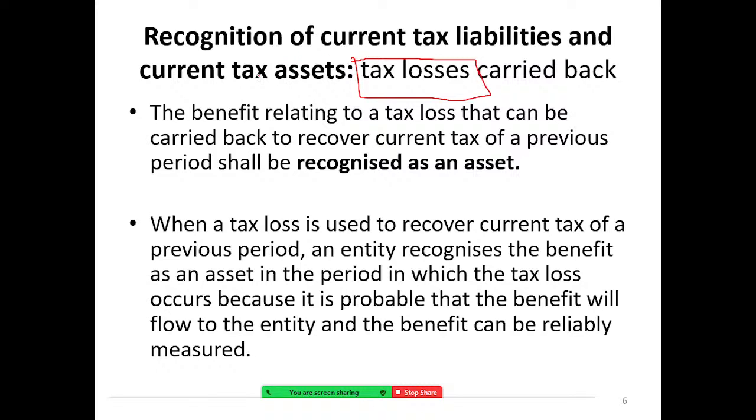The benefit relating to tax losses that can be carried back to recover current tax of a previous period shall be recognized as an asset. So when an entity earns profit, it should pay income tax to the government. So it's a tax liability.